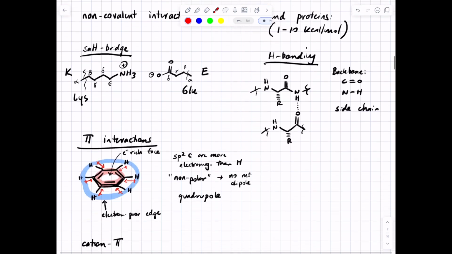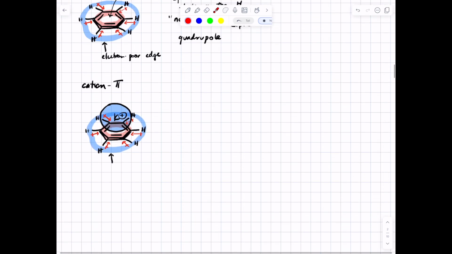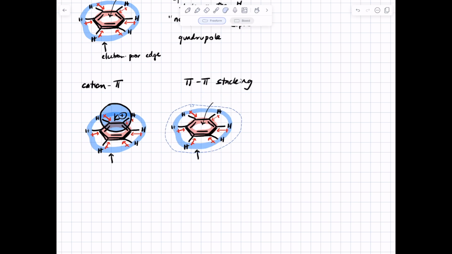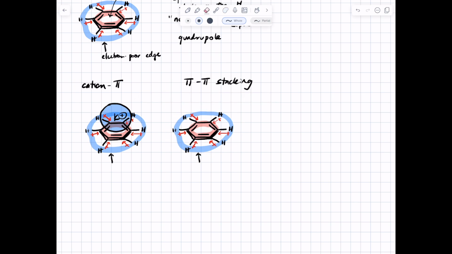Another thing you will tend to see among aromatic side chains is what is called pi-pi stacking. This happens when the electron-rich face of one ring contacts the electron-poor edge of another ring. So there's a couple of ways that you could imagine this happening.